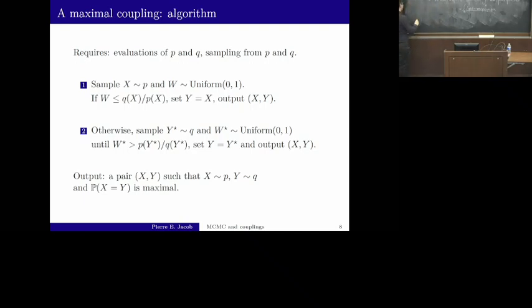So here I'm going to define R of x, the sort of remainder probability from Q. It's going to be Q of x minus the pointwise minimum, but normalized so that it's a proper density.